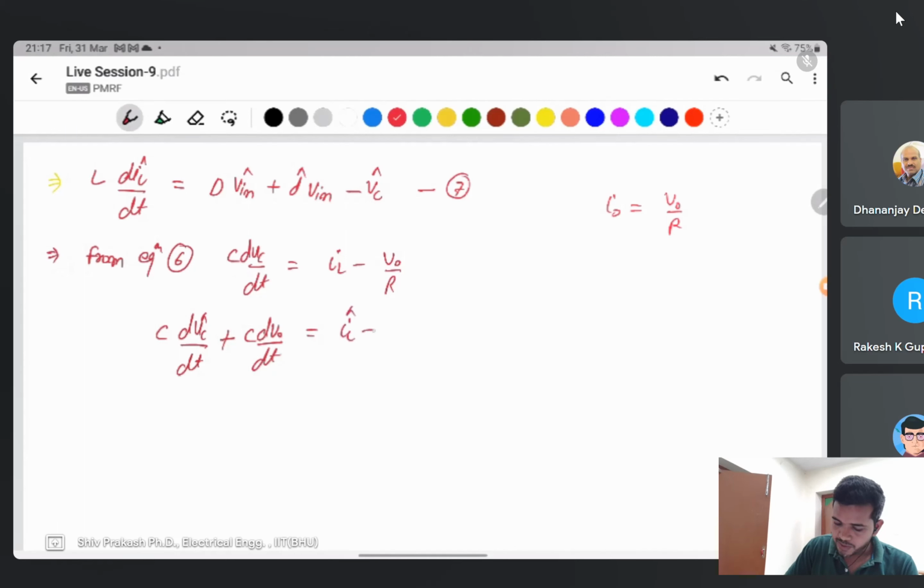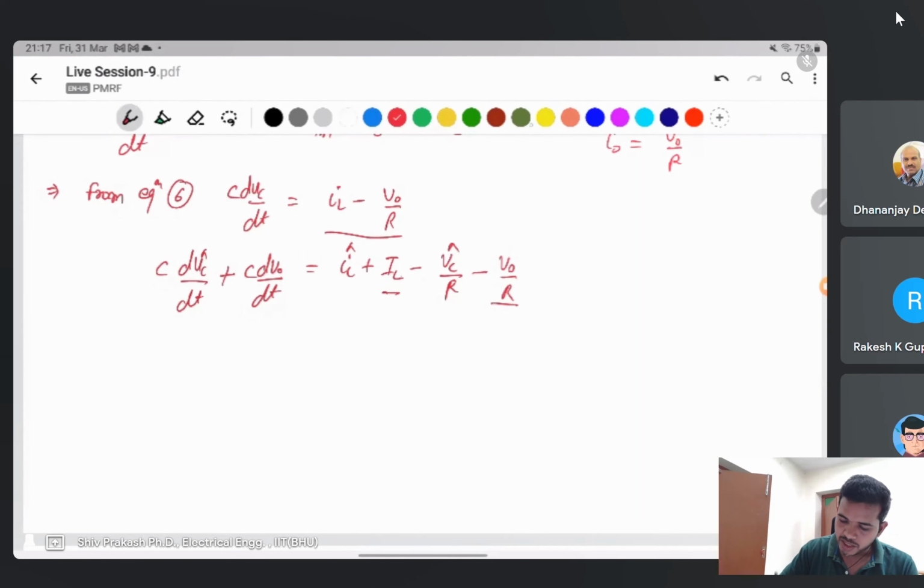So IL cap plus IL minus VC cap by R minus V naught by R. Same thing, IL minus V naught by R, you can cancel out this term, then you find dvc cap divided by dt is equal to IL cap minus VC cap divided by R. Equation number 8.